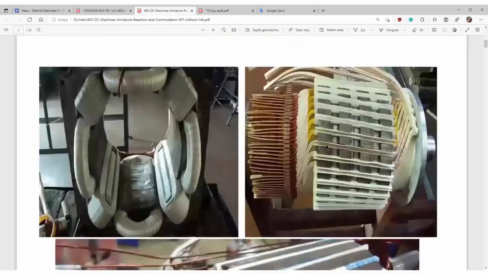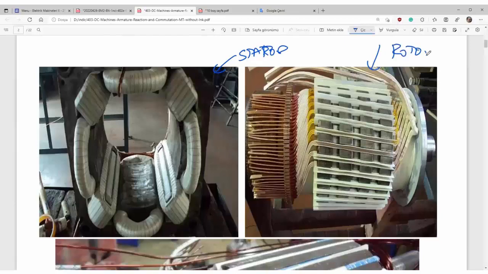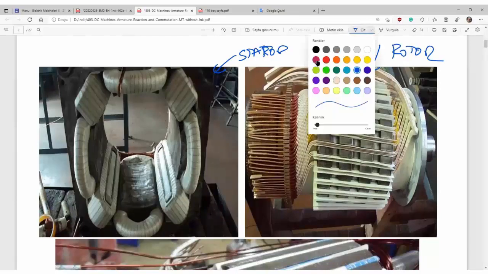Okay, let's start. What you see in the picture. Here is the stator. That is totally rotor. On the stator, you see some poles. Let's say main poles.